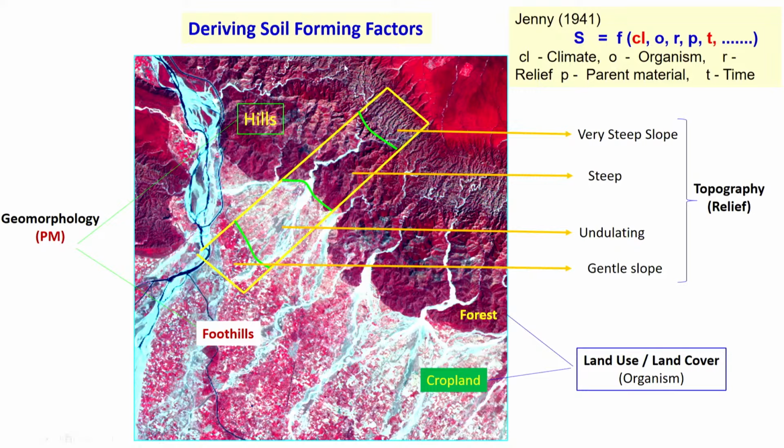Based on the dissection or drainage density. Here you are seeing the drainage density or dissection is very high. Here it is very less. Very less means gentle slope. Very high drainage density means it is a very steep slope. So to some extent topography also I can interpret from the remote sensing data.